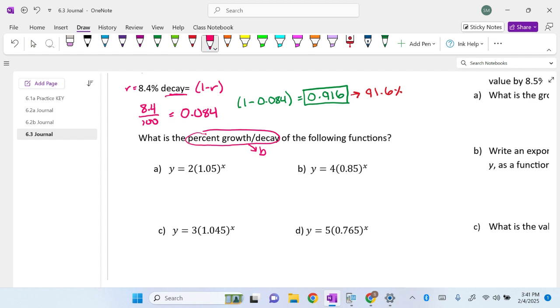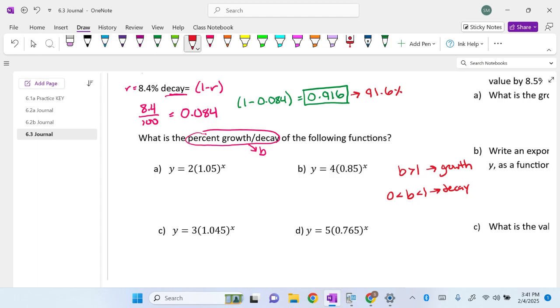The easiest way to determine that is, if your b value is greater than 1, it's a growth. And if your b value is between 0 and 1, it's a decay. And then we use the respective formulas for each.